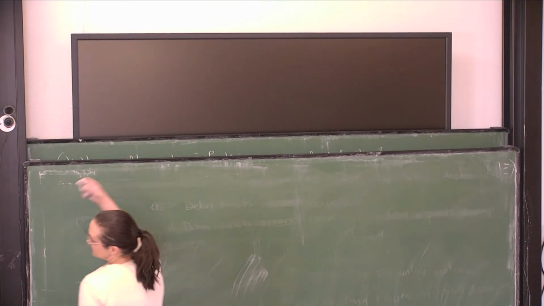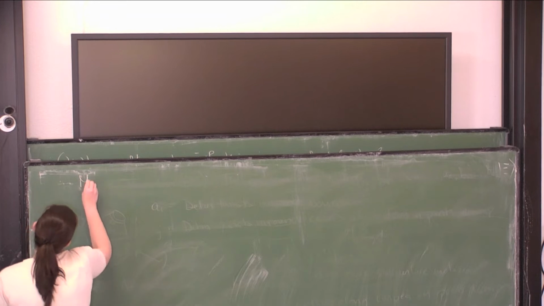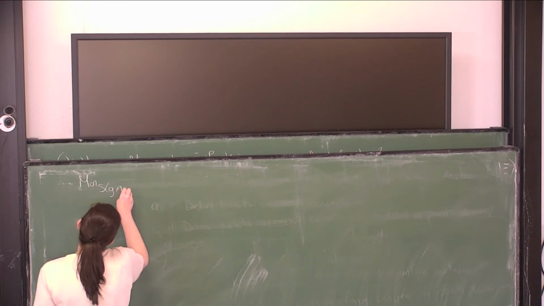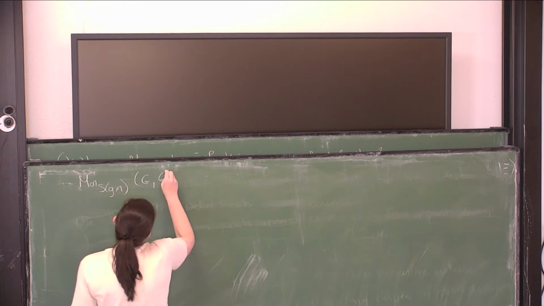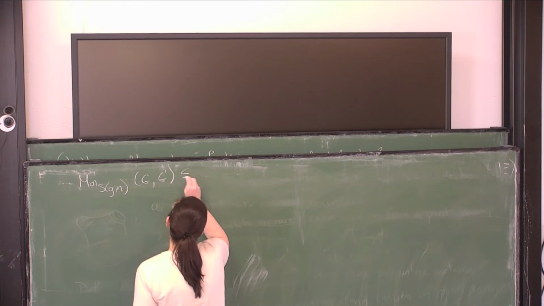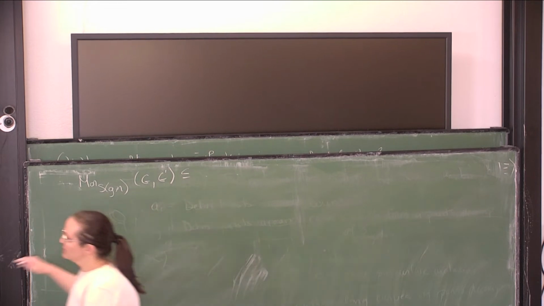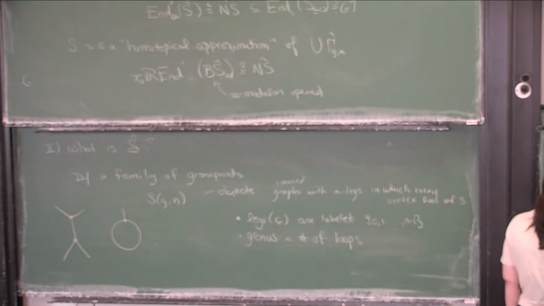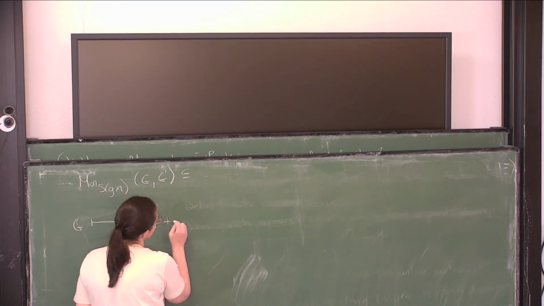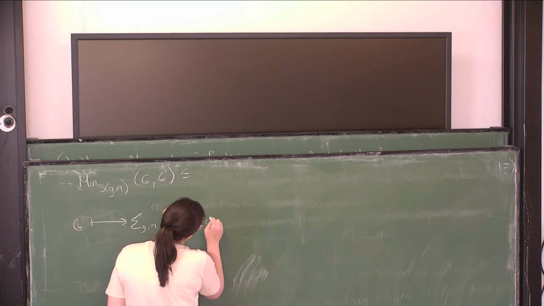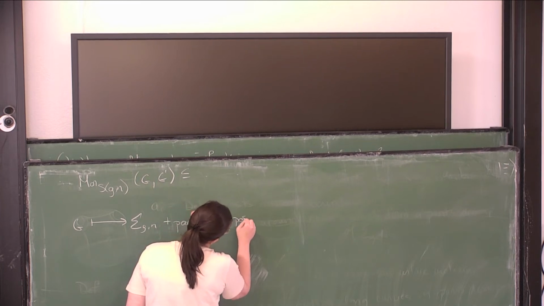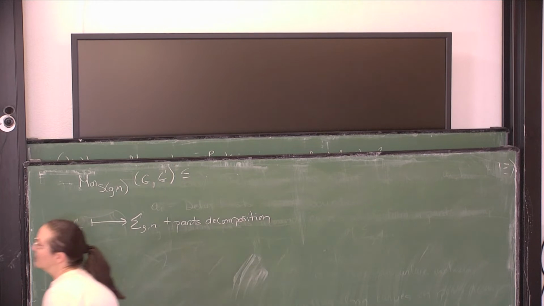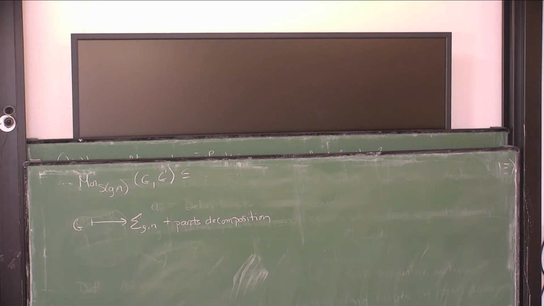Okay, so for morphisms, a morphism from some G to G prime, well, each G I can associate not just a surface, but a surface plus the pants decomposition, where I'm associating the boundaries with the legs.